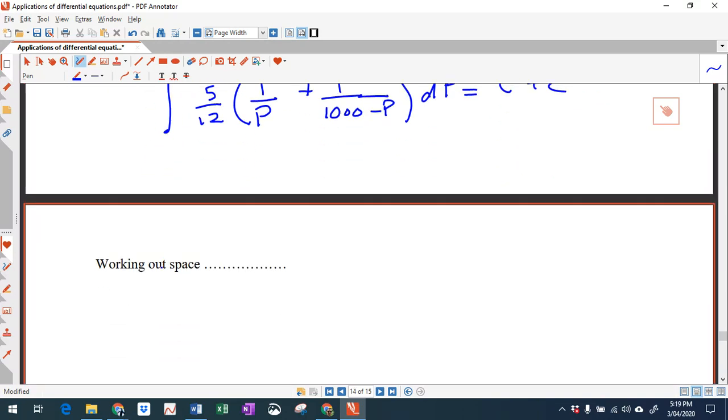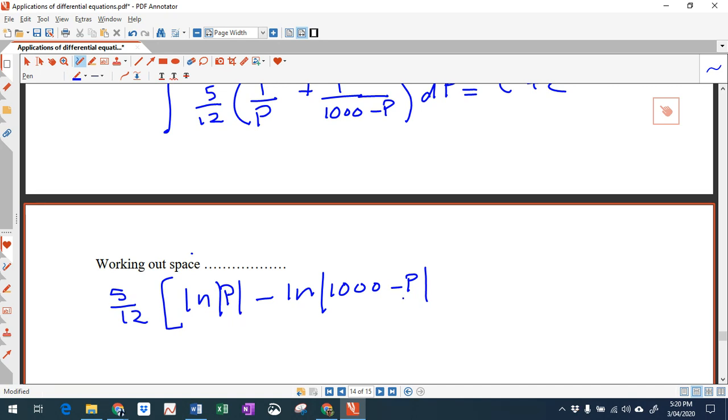For our next bit we will integrate. So we're going to have 5/12 times the log of P, minus the log of the absolute value of 1000 − P, and that is equal to t + c.